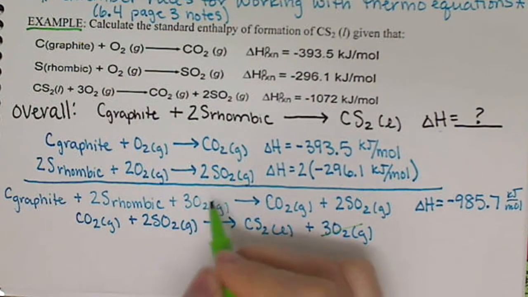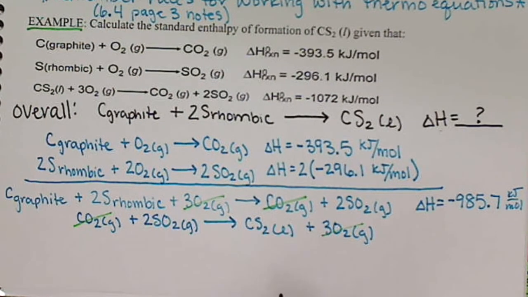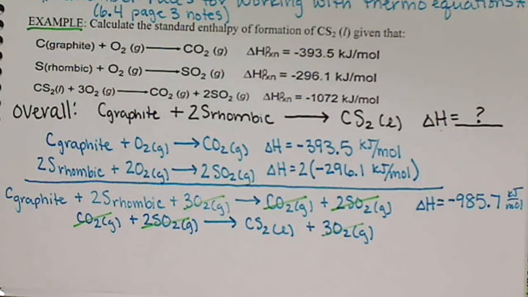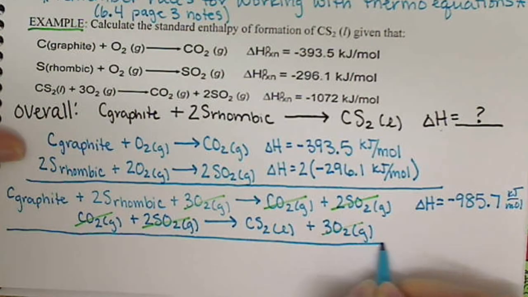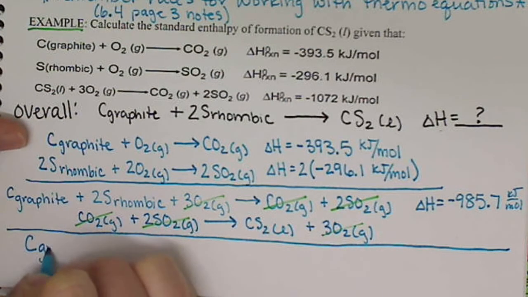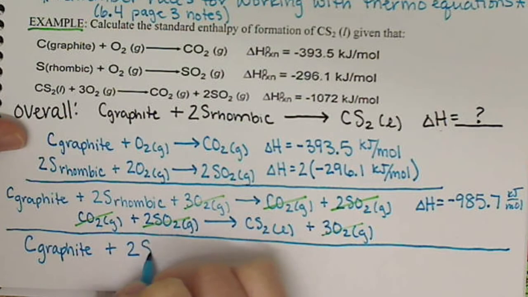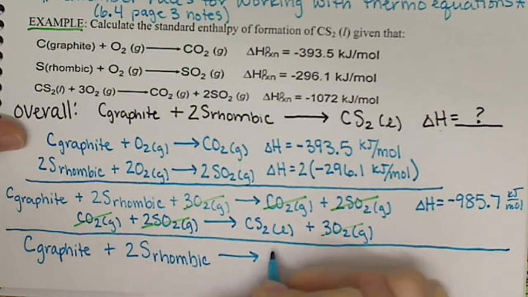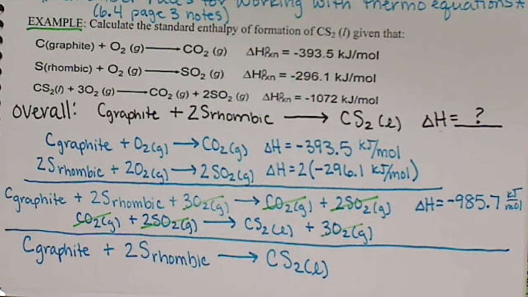My 3 oxygens cancel, my CO2 cancels, and my 2SO2 also cancel. So overall, I'm left with C graphite plus 2S rhombic going to form CS2 as a liquid.